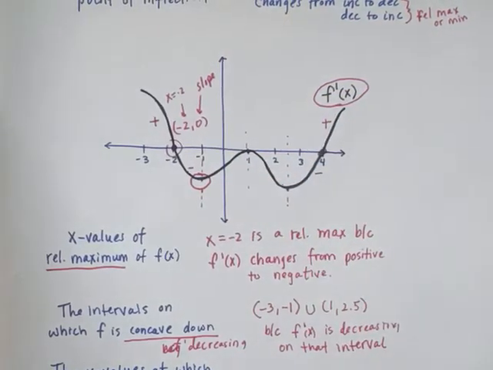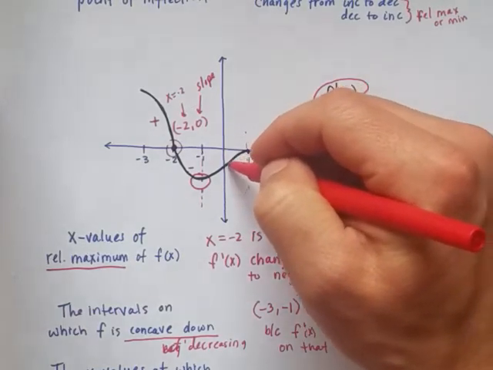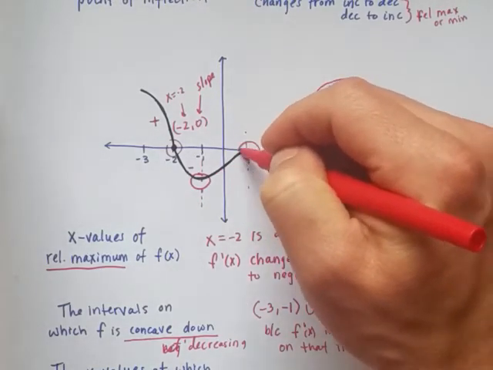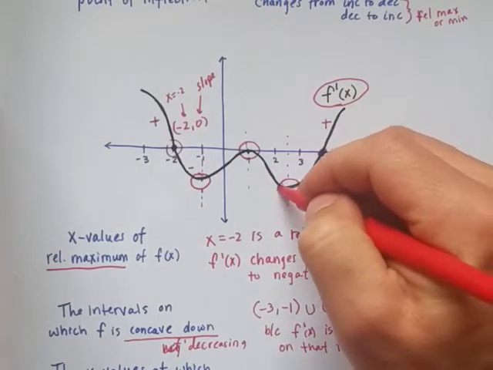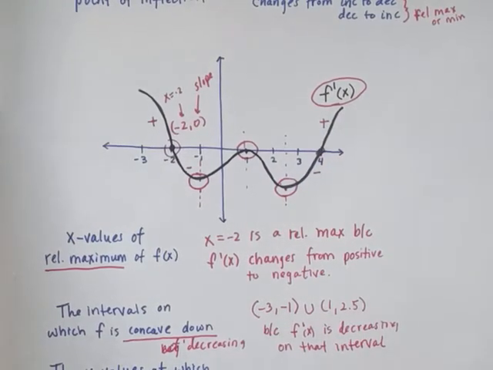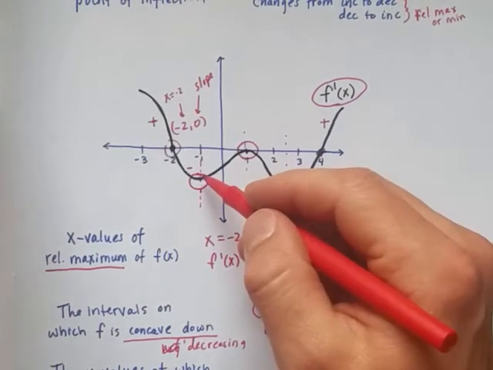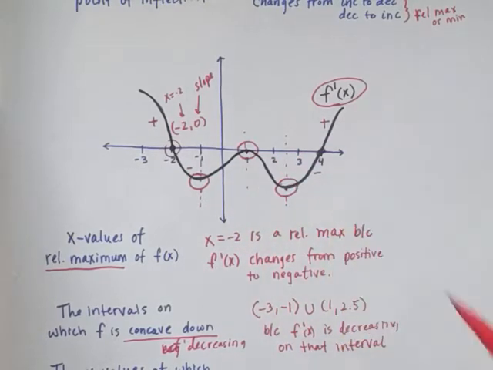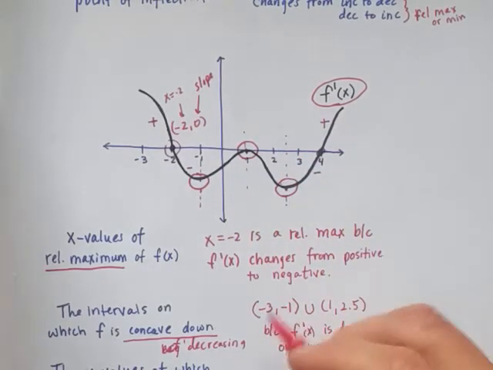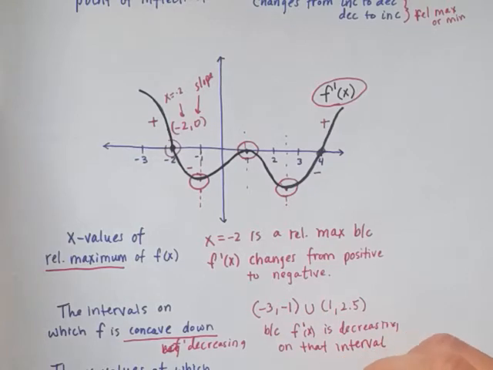That's going to be like our relative minimums and maximums right there. There's a point of inflection. Anytime it changes direction, that's going to be an inflection point. So the x values at which f of x has an inflection point are x equals -1, x equals 1, and x equals 2.5.